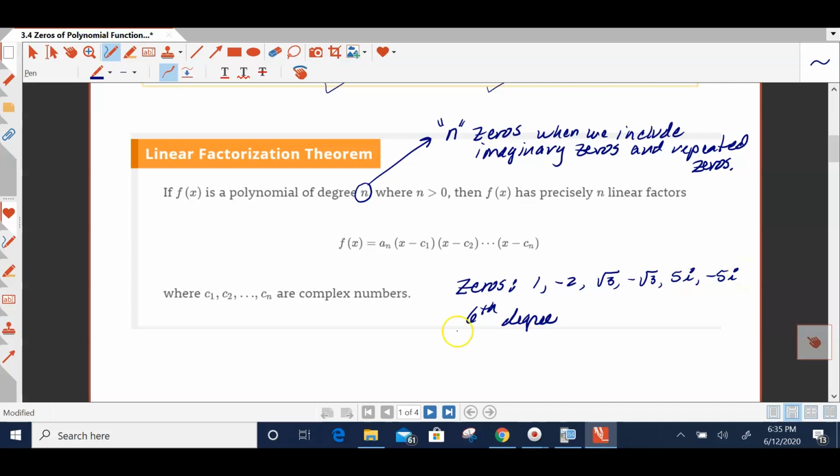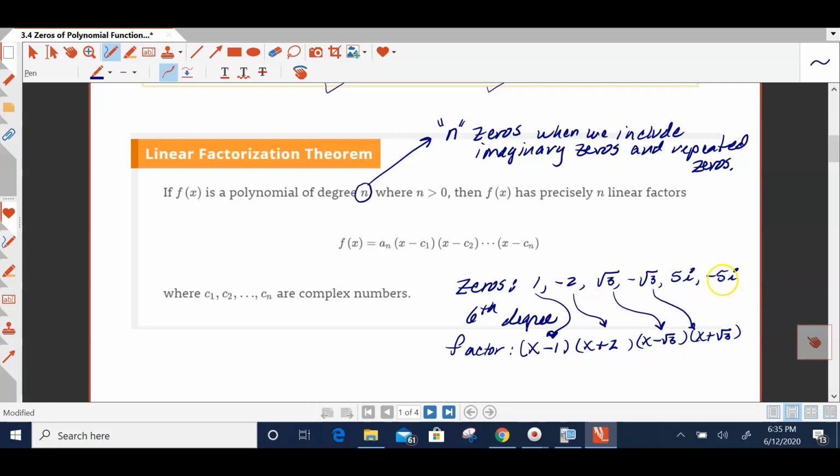And anytime you have a zero, you can list that zero as a factor. So this zero of 1 could be written as a factor of x minus 1. This zero of -2 could be written as x plus 2. This zero, x minus the square root of 3. This zero, x plus the square root of 3.